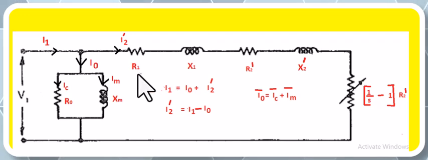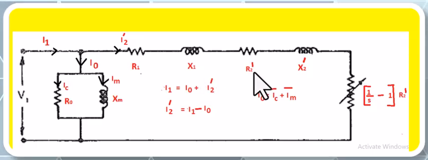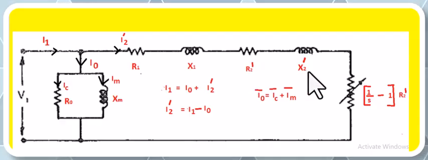This is R1, the stator winding resistance per phase. X1 is the stator reactance per phase. R2 dash is nothing but the rotor winding resistance referred to the primary side, and if the turns ratio between the stator and the rotor is unity, this can be simply written as R2.